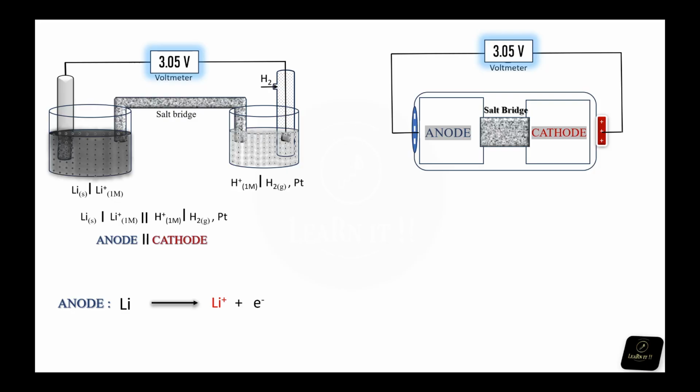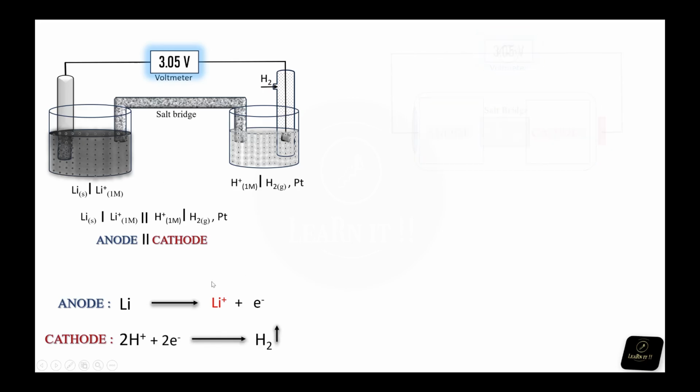The anodic reaction involves the lithium undergoes oxidation to form lithium plus ion and 1 electron. And the cathodic reaction is when two hydrogen ions gain 2 electrons, there will be formation of hydrogen gas.